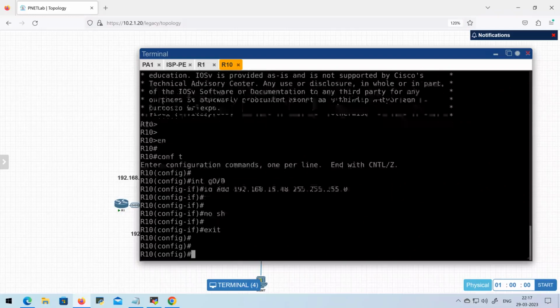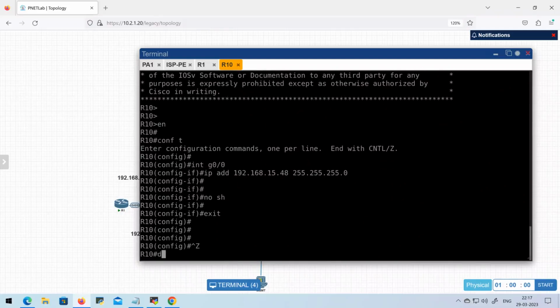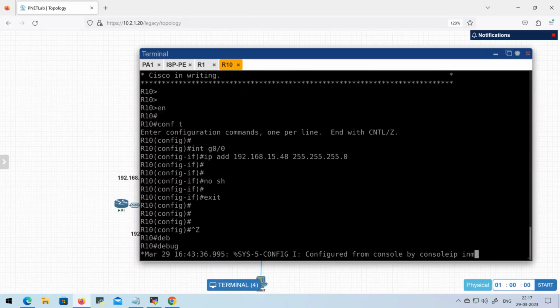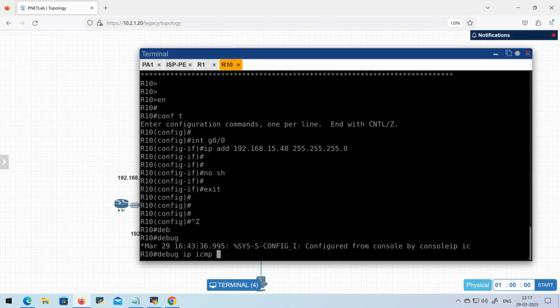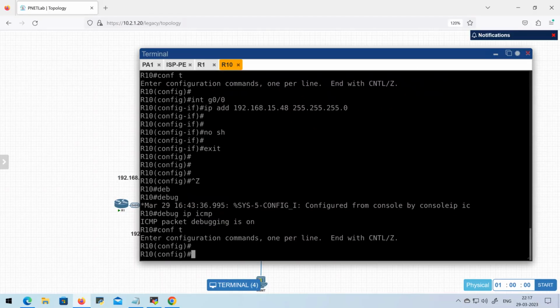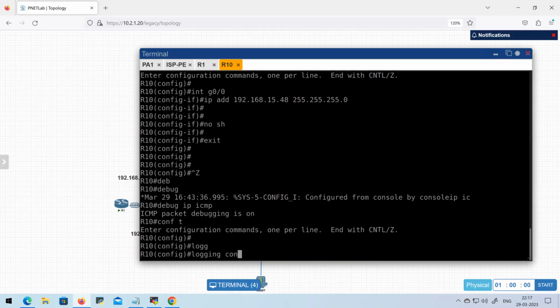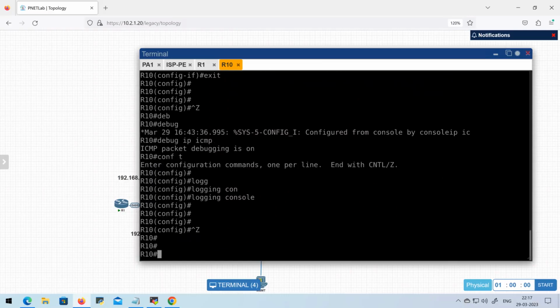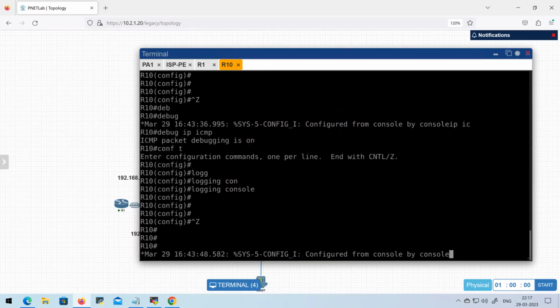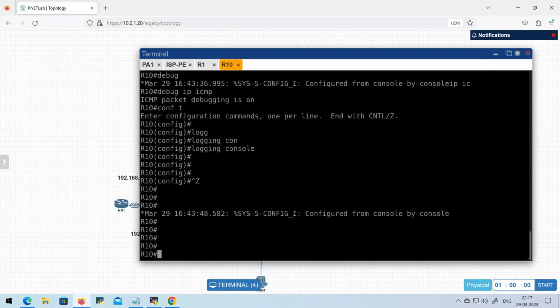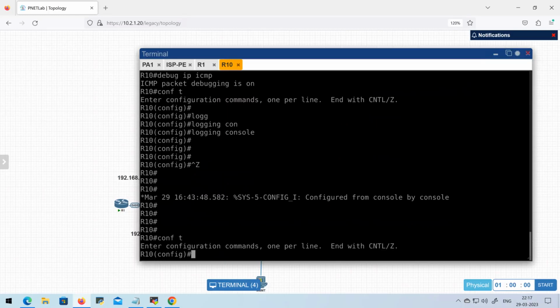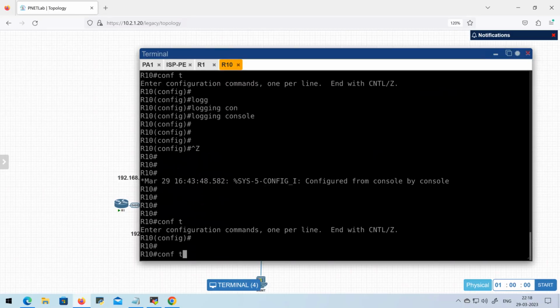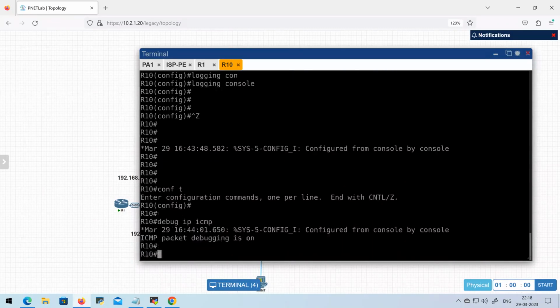Let's debug IP. We are not getting any hit here.